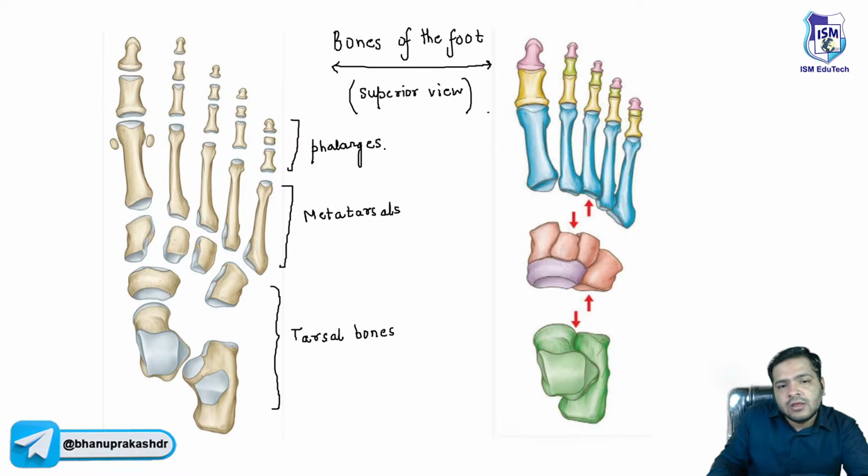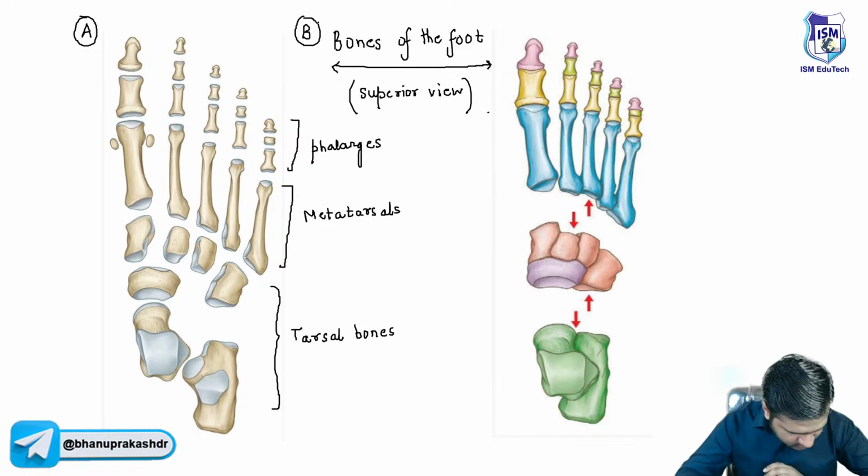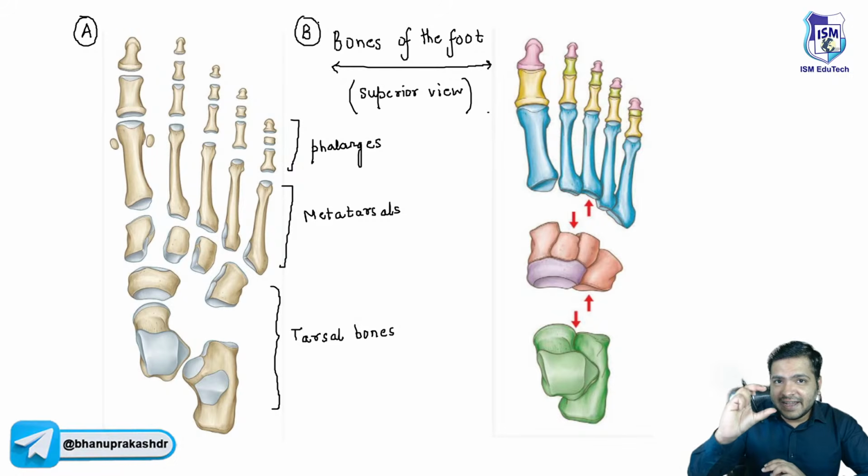Now, you already know, beta, out of A and B, which one is medial and which one is lateral? We are talking about sides. Just see your own foot, your great toe.